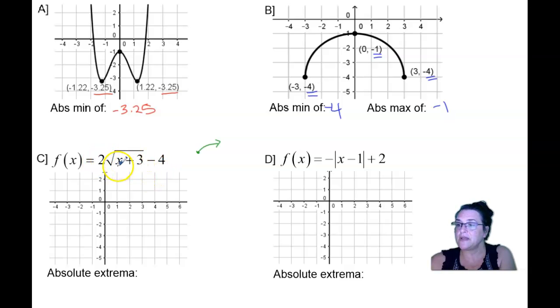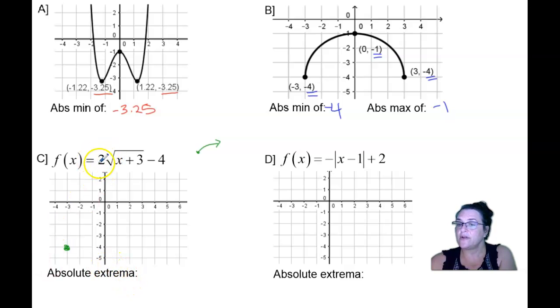The +3 here is going to give us an h of -3, so it's going to move to the left 3, and then the k is -4, so it goes down 4. So we're going to start at the origin where the parent graph's endpoint would be, and we're going to go to the left 1, 2, 3, down 1, 2, 3, 4, and that point at -3, -4 is our new endpoint.